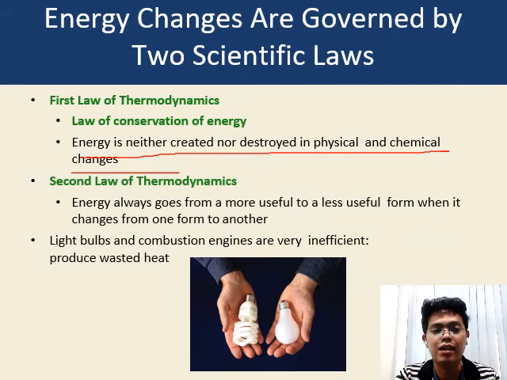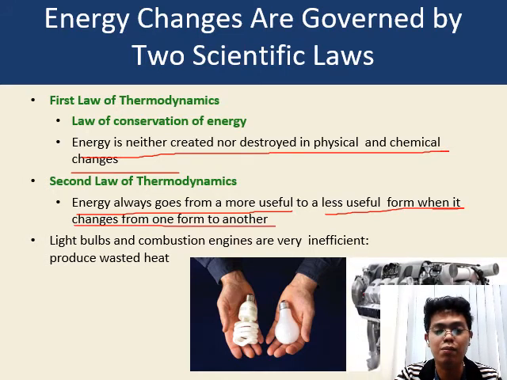The second law states that energy always goes from a more useful to a less useful form when it changes from one form to another. An example is light bulbs and combustion engines. They produce wasted heat. So from a useful form, it became a wasted one, a less useful one.